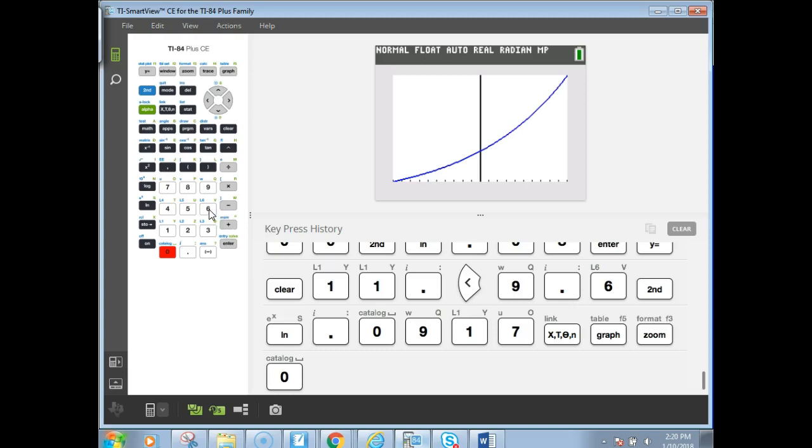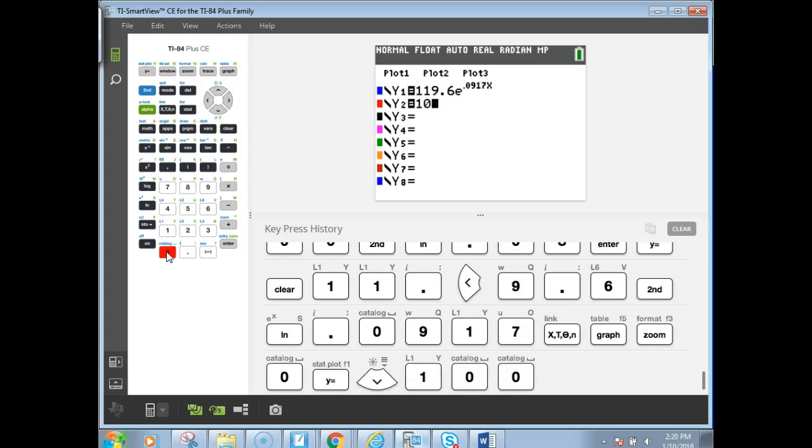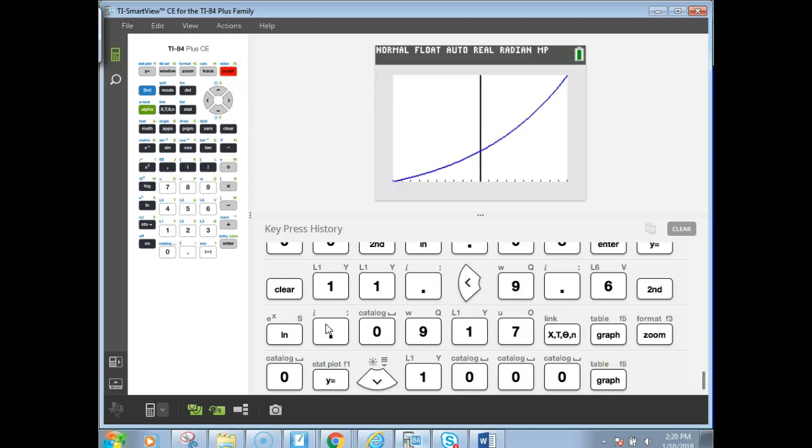Okay, now it says graph it and then use the graph to estimate when the number of endangered species will reach 1,000. So what are we going to do? Put it where? In Y2. Okay, yep, under Y2, put 1,000. Hit graph and see if you can see the intersection.